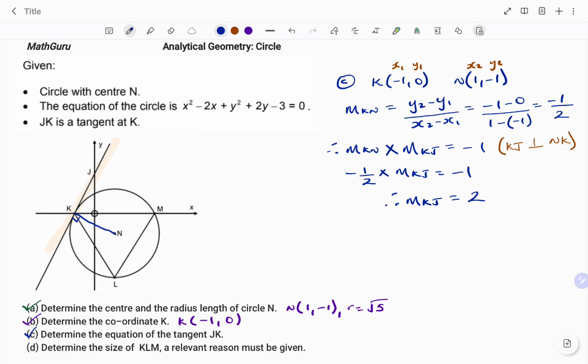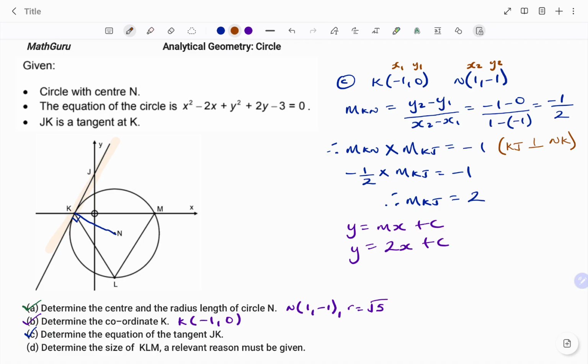So the equation of a straight line is y equals mx plus c, where m is the gradient and c is the y-intercept. If I replace the gradient m, I have y equals 2x plus c.